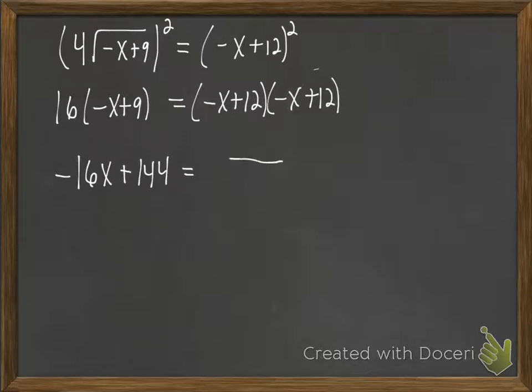And then over here now I need to multiply that out. Negative x times negative x would be x squared. Negative x times 12 would be minus 12x. Minus another 12x. And 12 times 12 will be 144.